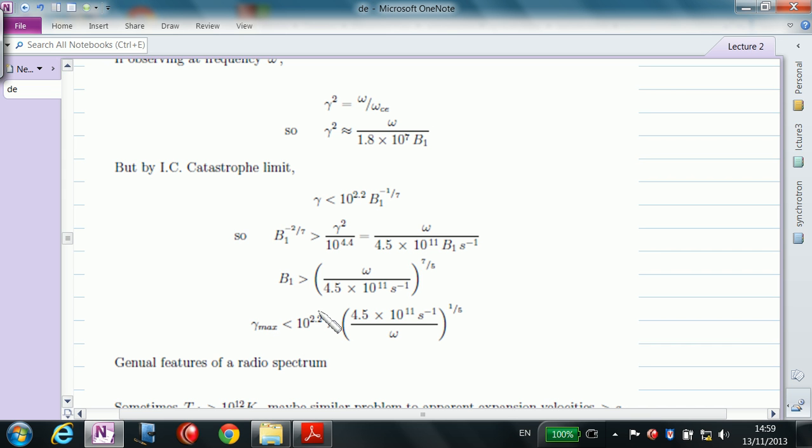And that sets an upper limit on gamma max, and therefore it sets an upper limit on the brightness temperature of... an upper limit on the brightness temperature. kT brightness has to be less than gamma max m sub b c squared, and let's remember the alpha plus 2, so we know what we're talking about.